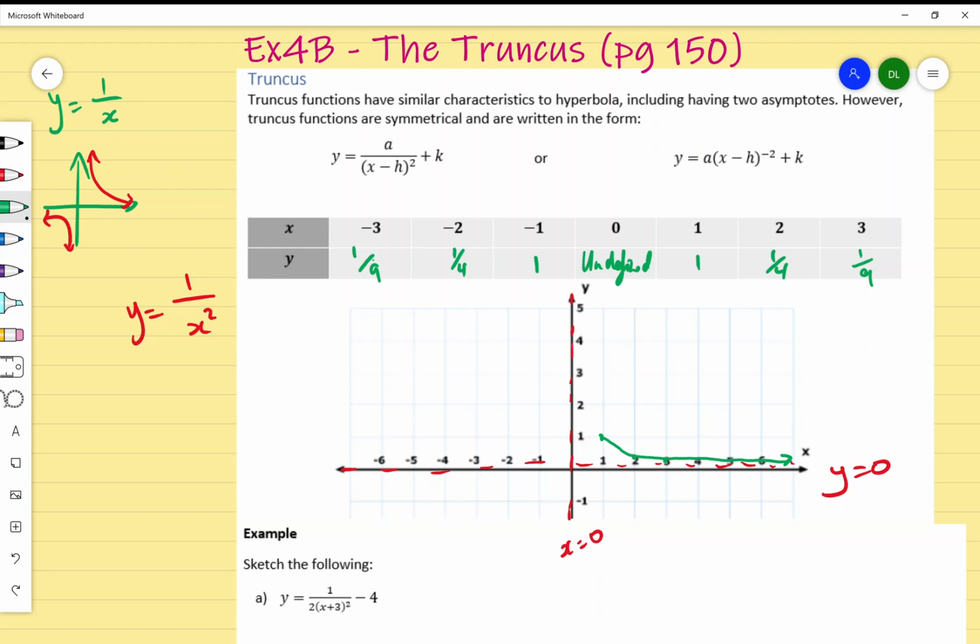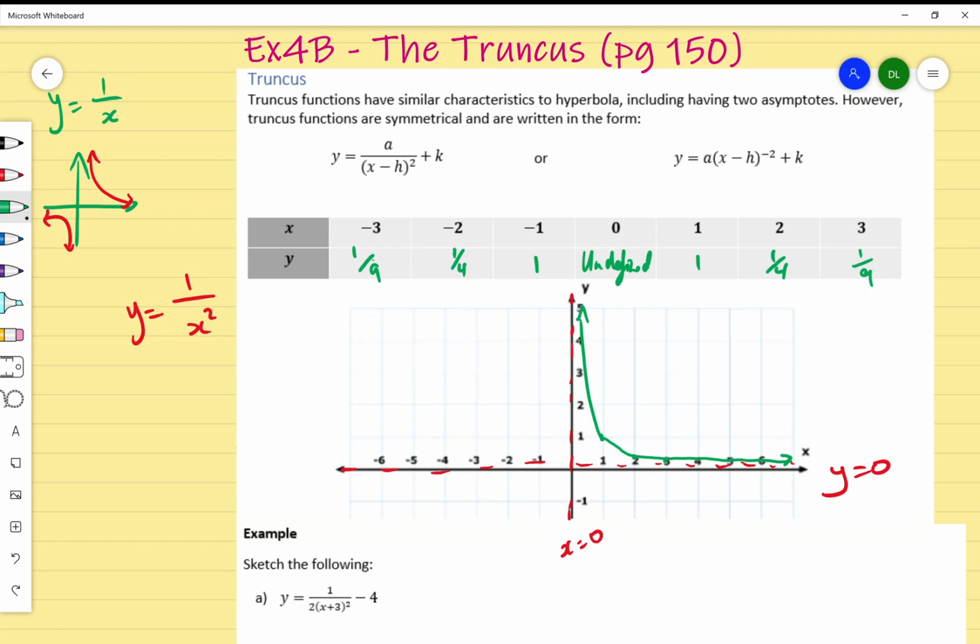And as you can imagine, as I get closer to the asymptote, where x equals 0, as I go in this direction, our value of y increases at an astonishing rate. If I was to substitute 1 over, let's say, 0.5 squared, that would give me 1 over 0.25, which would give me 4. And if I keep making that value of x smaller and smaller, we'd end up with a y value that increases at an exponential rate.